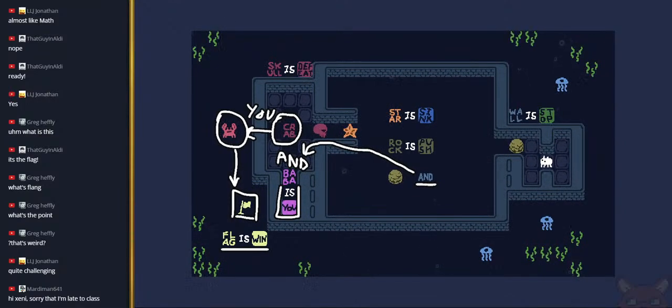Okay, what is in the way to get this there? Let's see, we have a skull and a star. Skull is defeat. So an object that is u cannot pass and needs to be pushed, so this guy needs to be eliminated. Star is sink.